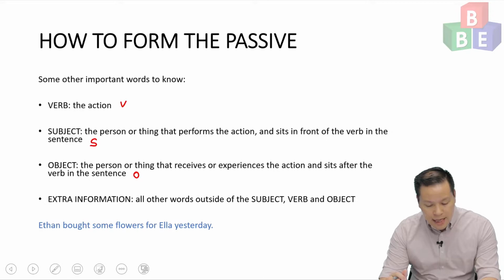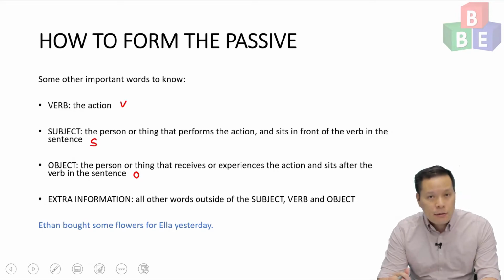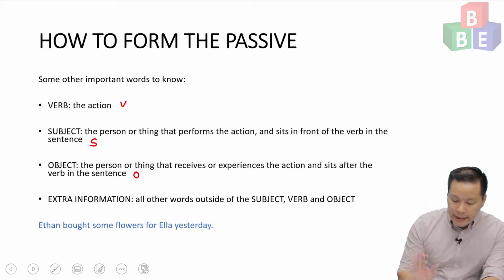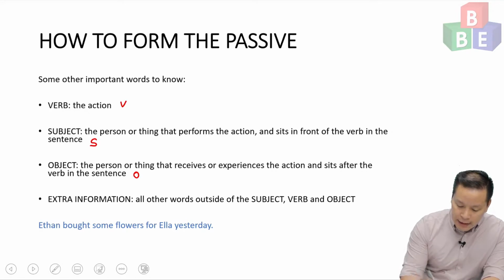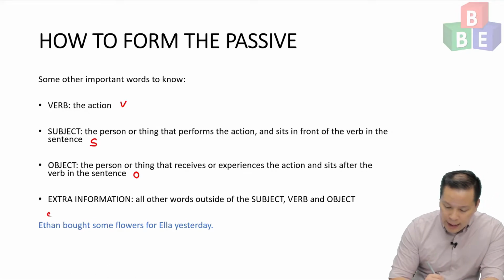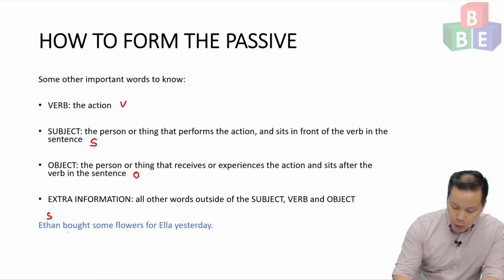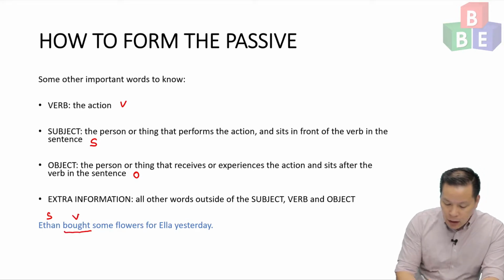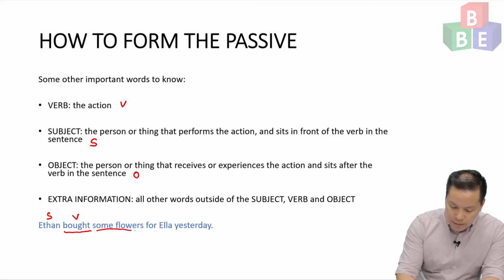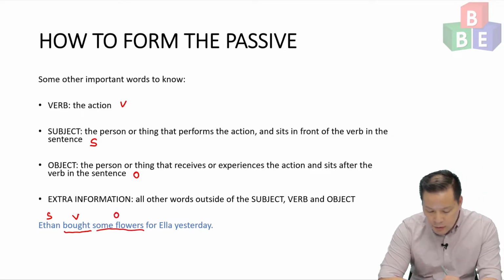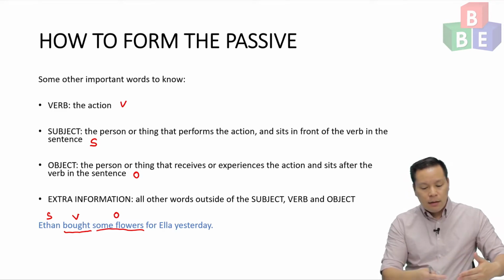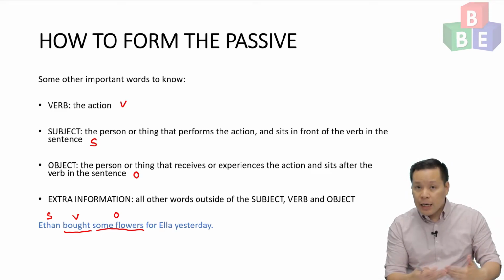Ethan bought some flowers for Ella yesterday. Ethan is the subject because Ethan is performing the action and it is before the verb. The verb is bought and the object is some flowers because the flowers is the object that is experiencing the action.